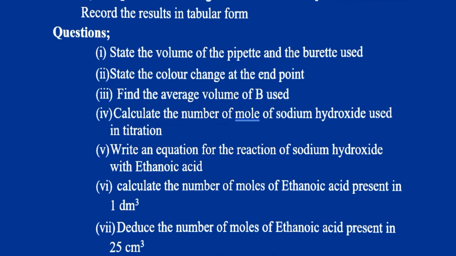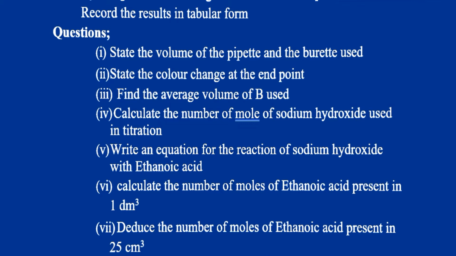Question number 4: calculate the number of moles of sodium hydroxide used in the titration. Then write the equation for the reaction of sodium hydroxide with ethanoic acid or acetic acid. Then number 6: calculate the number of moles of ethanoic acid present in 1 liter, that is 1 decimeter cube.